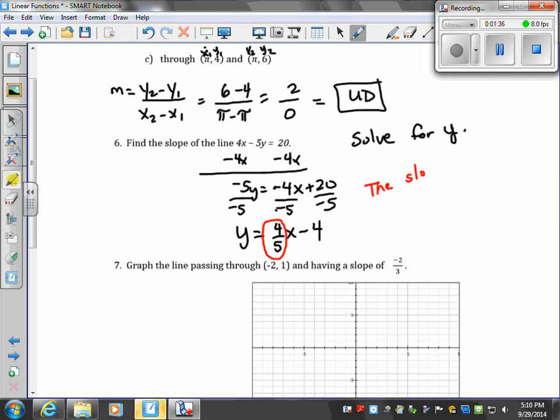The slope is the coefficient of the x term when you solve for y equals. Anytime you're asked to find the slope and you're given the equation, you can solve for y and then determine your slope by knowing it's the coefficient of the x.